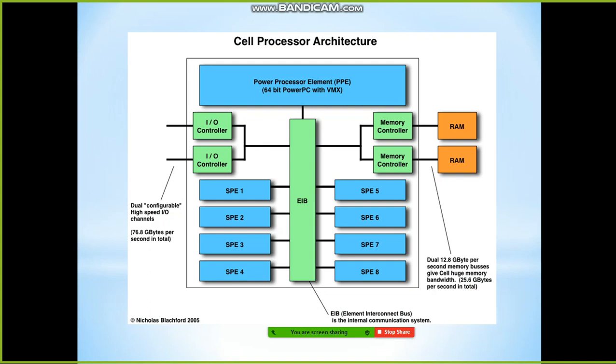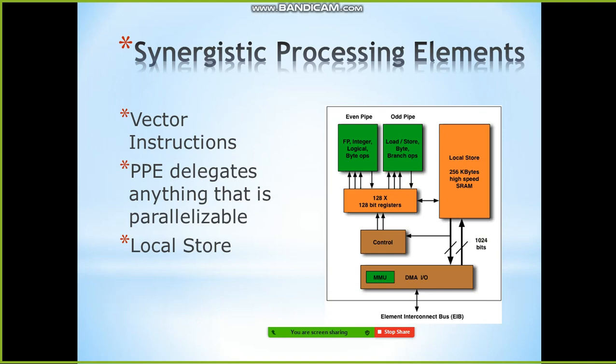Then the Synergistic Processing Element, that is SPE, contains vector instructions. It is for anything that is parallelizable. It acts as local store memory for instructions and data. Data and instructions are transferred between local store and system memory by DMA command.